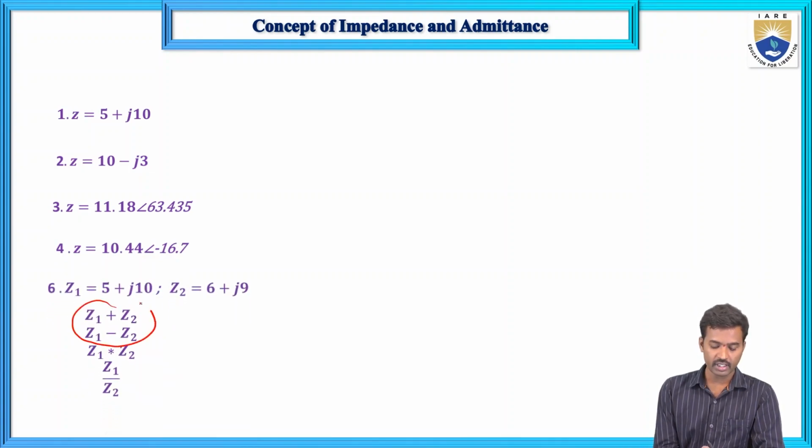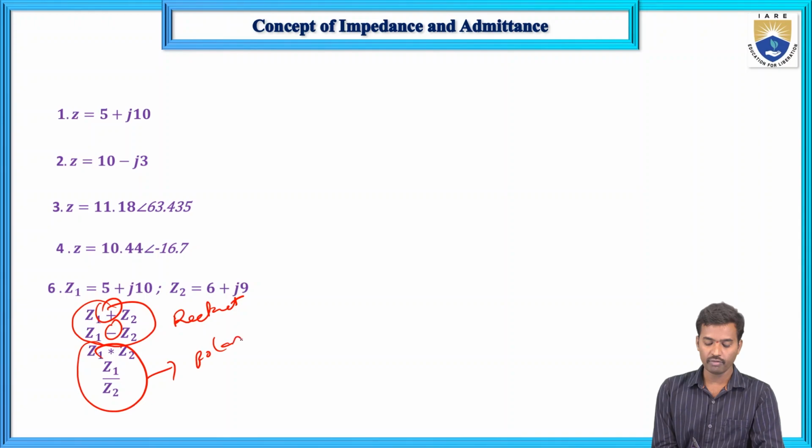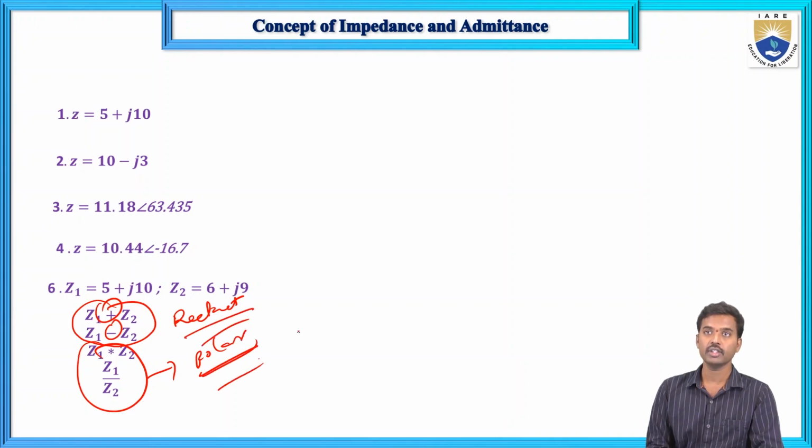For addition and subtraction, in most cases we will use the rectangular form. For multiplication and division, we will use the polar form. So keep it in mind for the calculations.